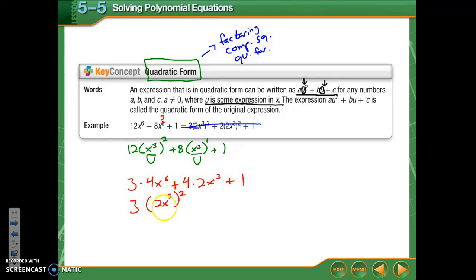So this is the same as 4x to the 6th, and then it's just times 3, plus 4 times 2x cubed plus 1. So this way, my u in this case is 2x cubed. So I have an expression here, 2x cubed, that's squared, and here I have an expression to the first power. So anytime I can rewrite an expression like this, where here I have some expression squared and here to the first power, and then a constant, then it's in quadratic form.